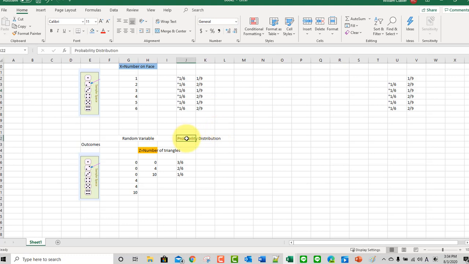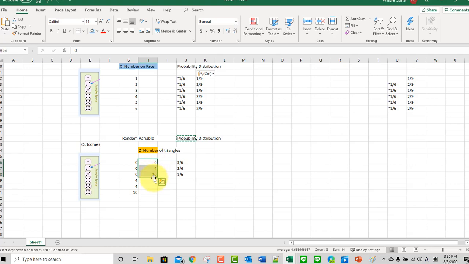So that would be a different probability distribution. So we have the random variable and we have the probability distribution. Okay, so we have the set of values for the random variable and the probabilities for those values. Same thing here. We have the set of values for the random variable.